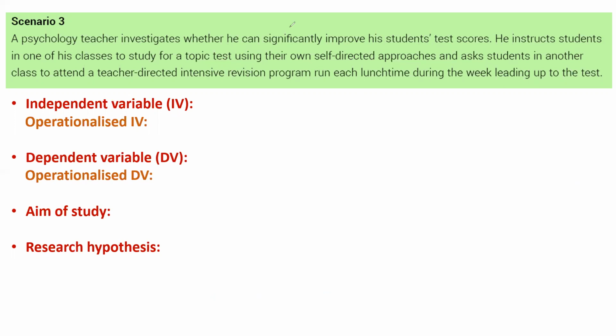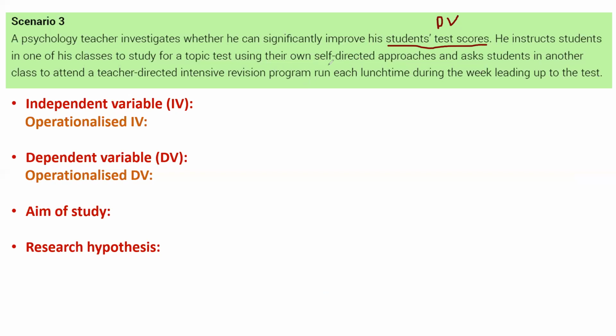So you can see here that essentially what the teacher is measuring for change is the students' test scores. That's something that he can measure to see if it changes over time. In terms of what variable is being manipulated, so this is going to be related to the DV. In terms of what variable is being manipulated, we're basically looking at the method of study, or we could say the studying strategy or the studying approach. You could use many different words to describe it.